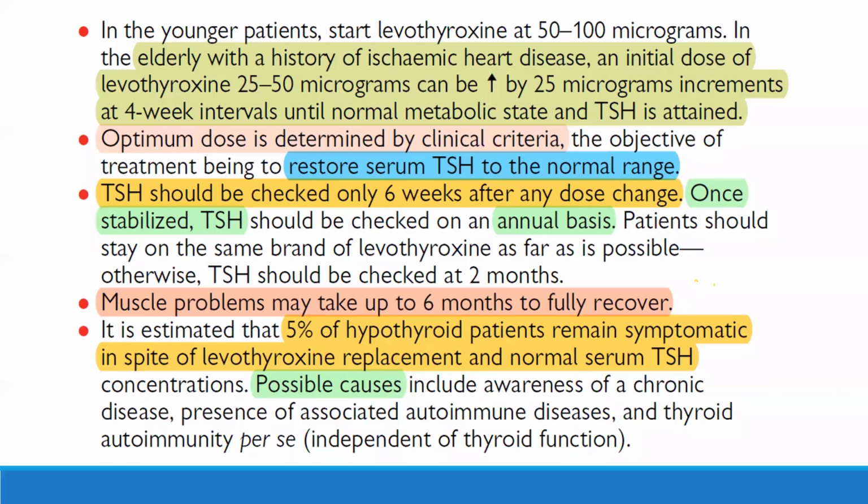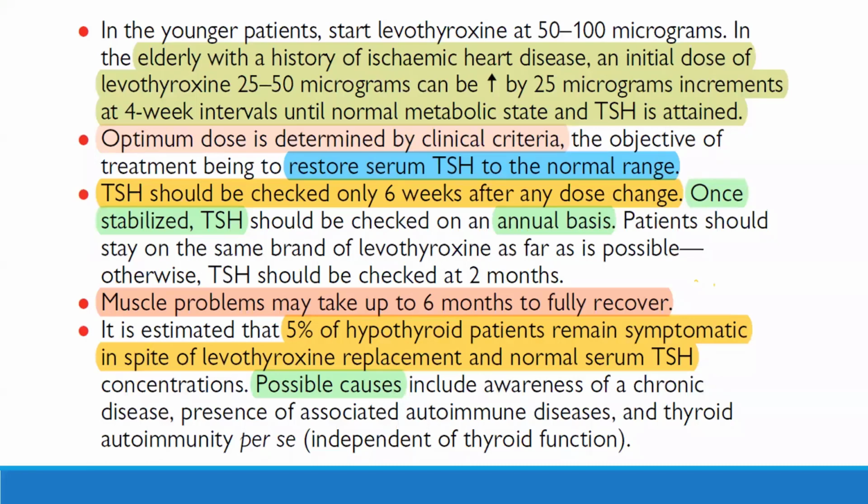The objective of treatment is normalization of the TSH and improved symptoms, but the main target is normalization of the TSH. The TSH should be checked only 6 to 8 weeks after any dosage change, because the half-life of levothyroxine is 6 to 7 days. Once stabilized, the TSH should be checked annually.